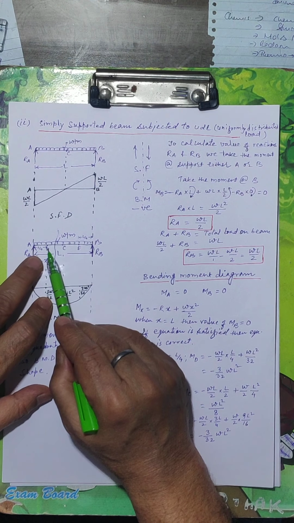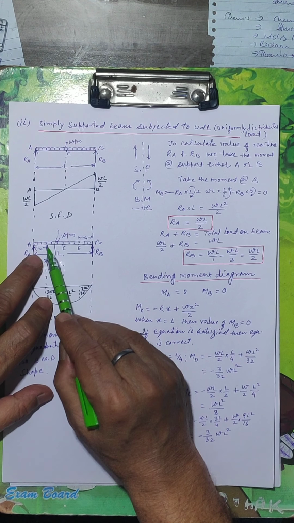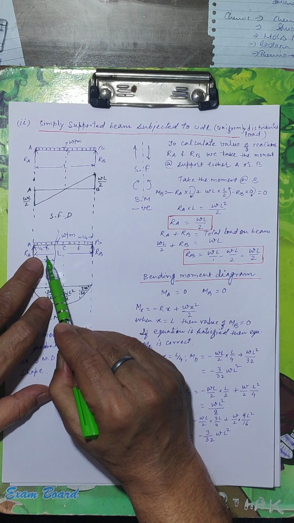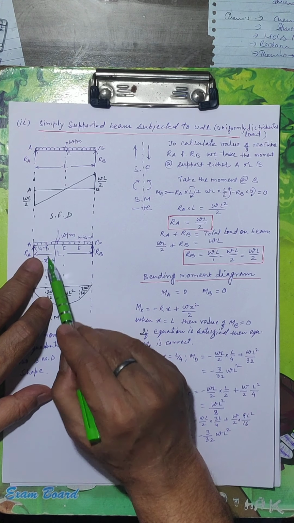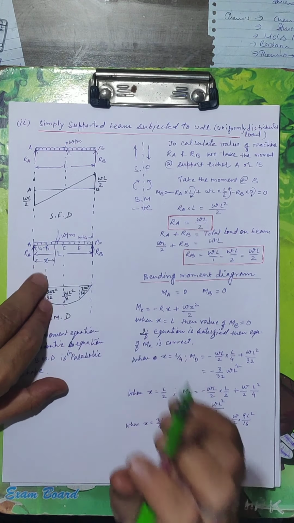So WL/4 multiplied by distance L/8. That shows WL square by 32. This is moment at D.